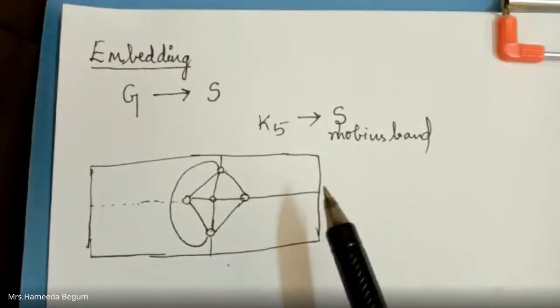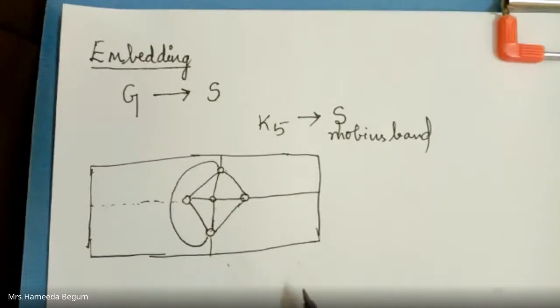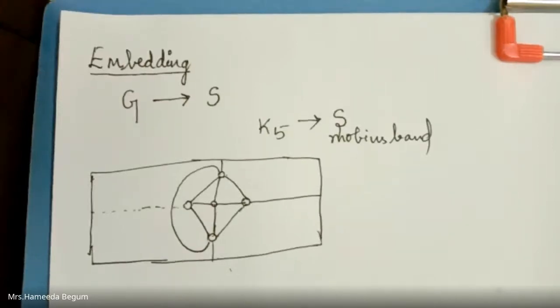Okay. So now we saw the definition of embedding. So next we shall move on to a theorem. Okay. A graph G is embeddable in the plane if and only if it is embeddable on the sphere.